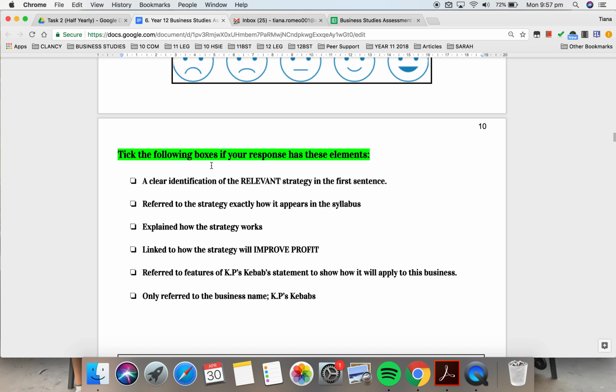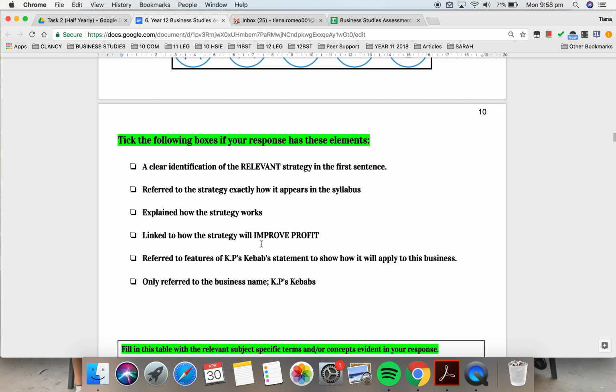Then I want you to tick the following boxes if your response has these elements. So if you read your response and you can see these elements, then tick the boxes. A clear identification of the relevant strategy in the first sentence. Okay, relevant strategy, which means from the syllabus. Referred to the strategy exactly how it appears in the syllabus.